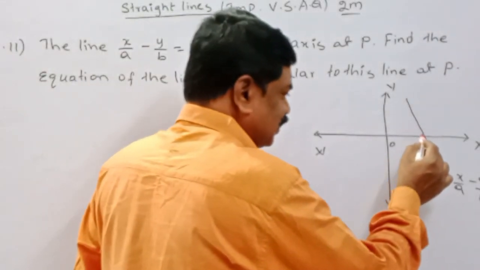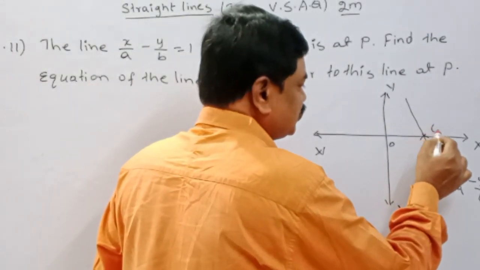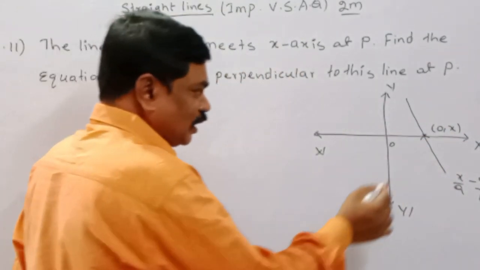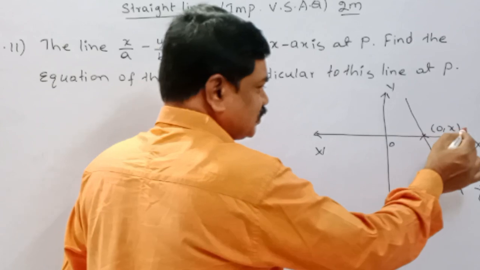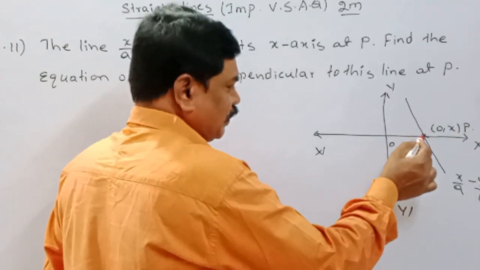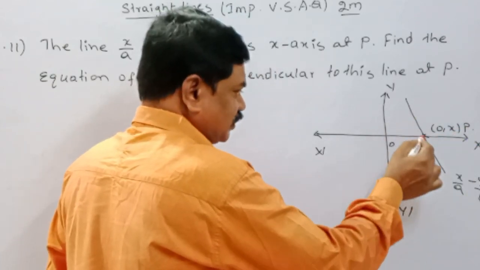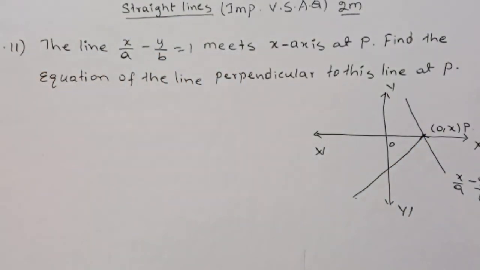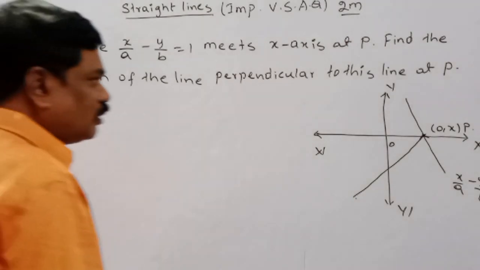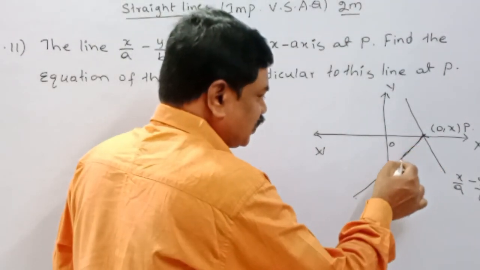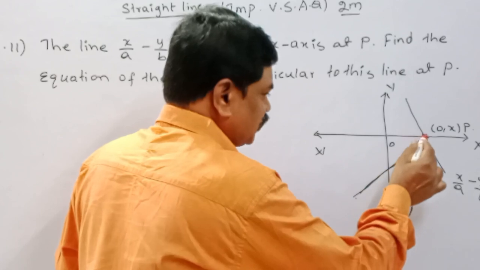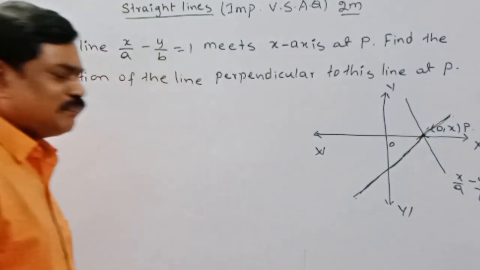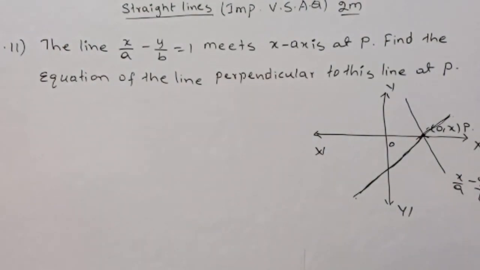It meets the x-axis at the point P. We find the perpendicular to this line at P. We have to find the equation of this perpendicular line.